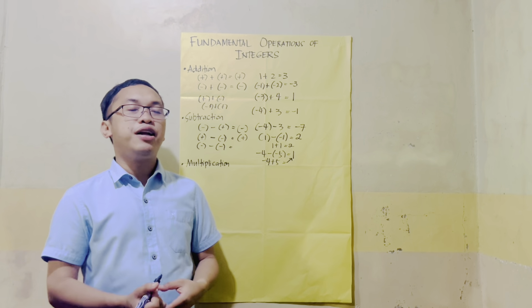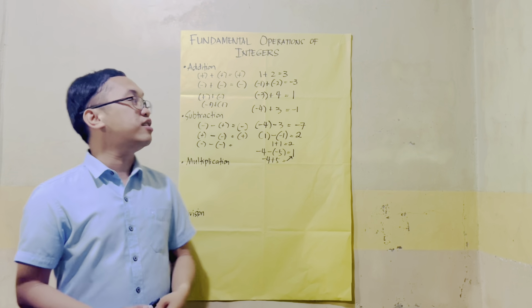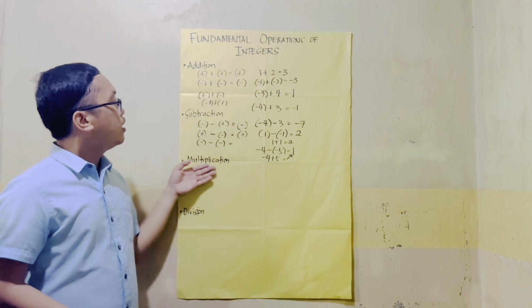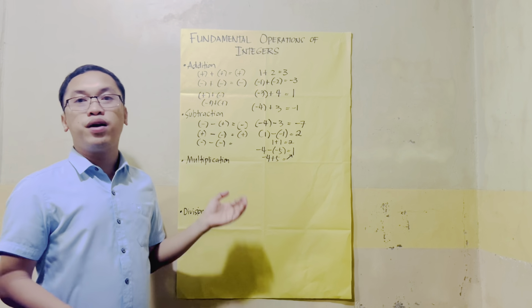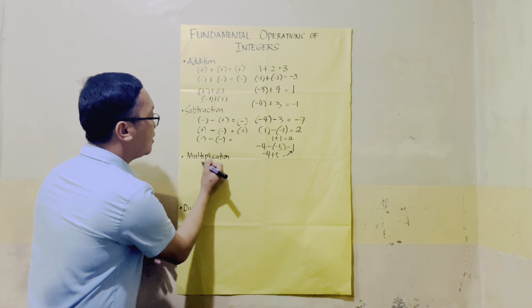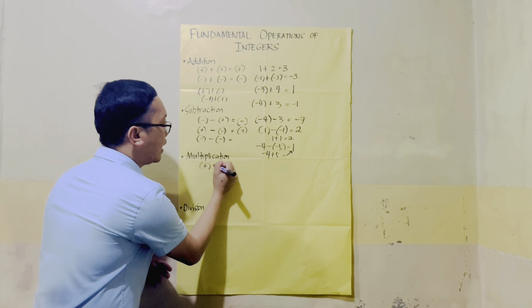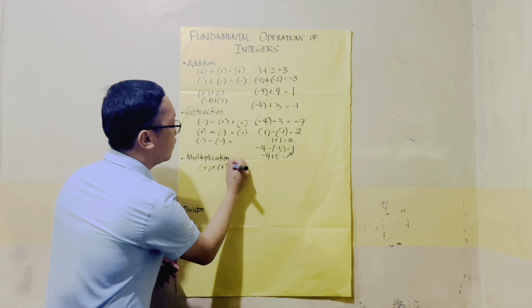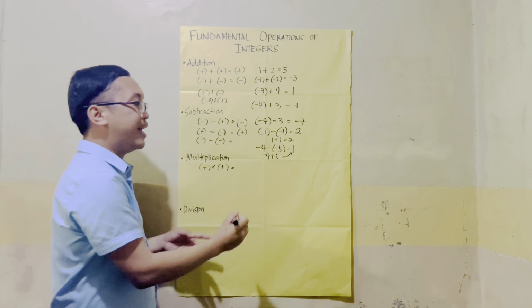Alright, and the third fundamental operation is multiplication. In multiplication, if we are going to multiply two positive numbers, let's say positive times positive, it will yield a positive result.